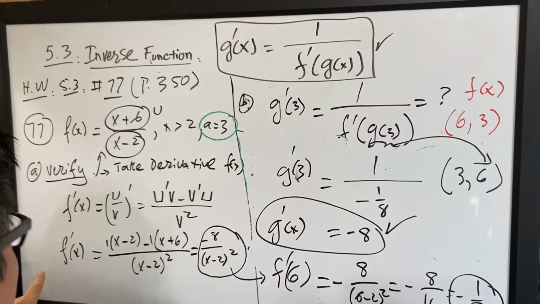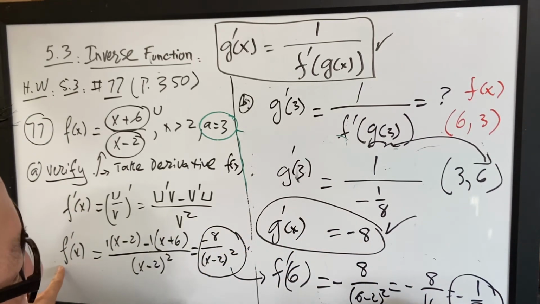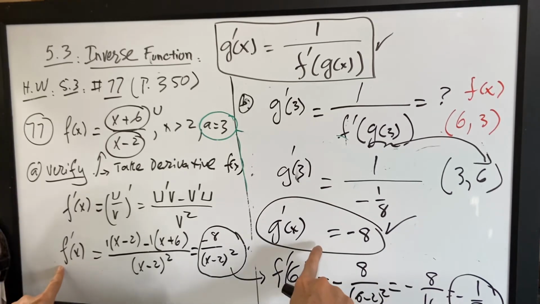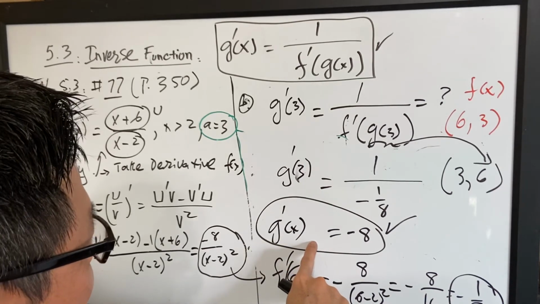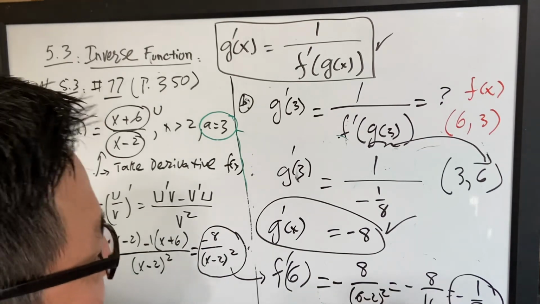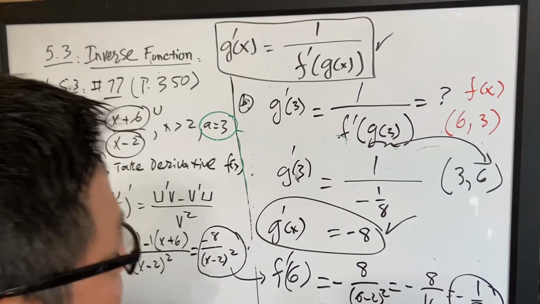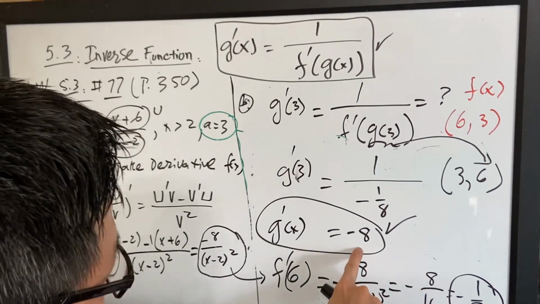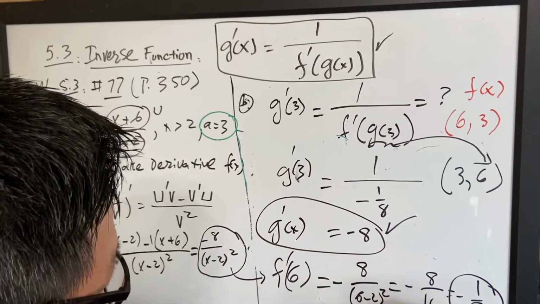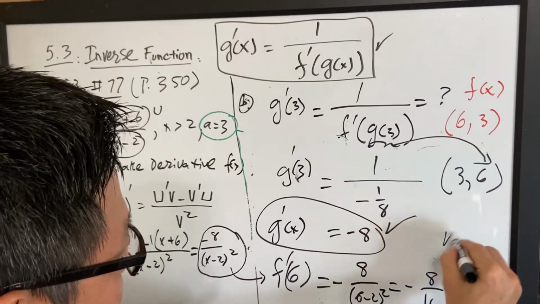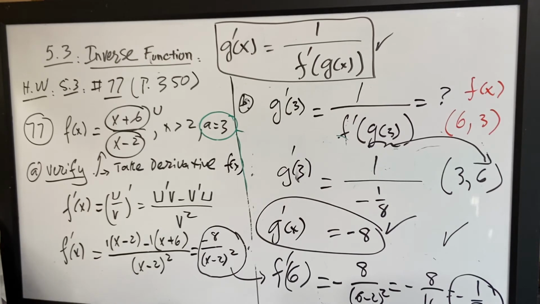What is the derivative of the function itself? It is the reciprocal of that value, which is negative 1 over 8. By that, you have a big check right there, guys.